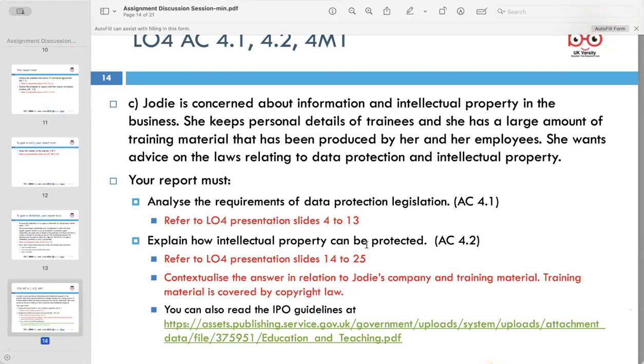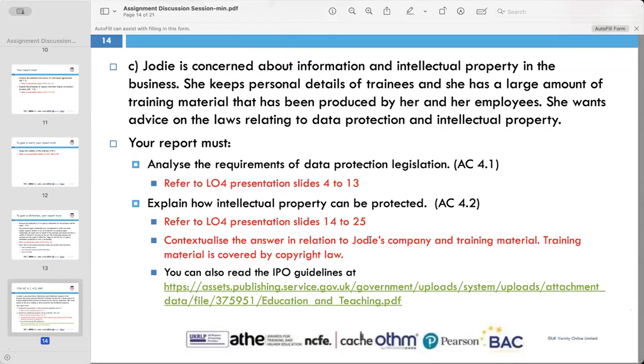If you go through slides 14 to 25 for an understanding of intellectual property, provide a contextualized explanation of intellectual property protection in relation to Jody's company and training material.